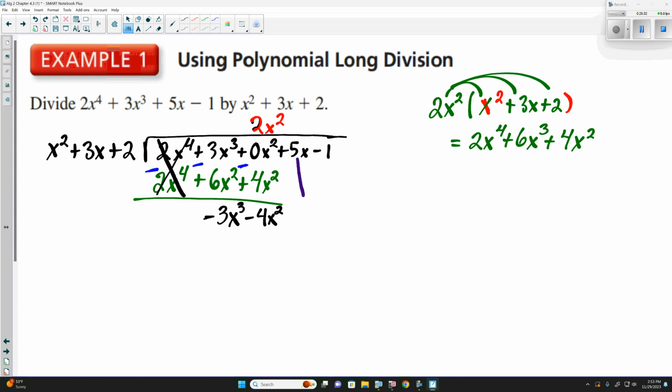Then our next step is to bring down the plus 5x. Now the last one we asked about the plus 8, why we didn't bring it down at that first step, because we only had 2 terms, so we're going to focus on 2. Here we have 3, and at this next step we actually have 3 terms down there, so it still works out.